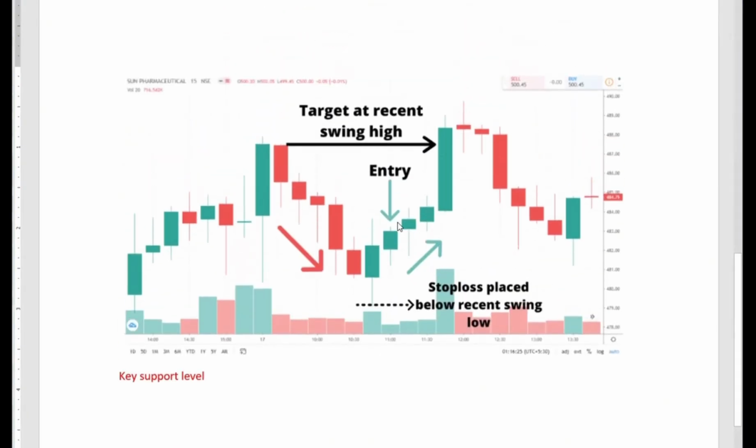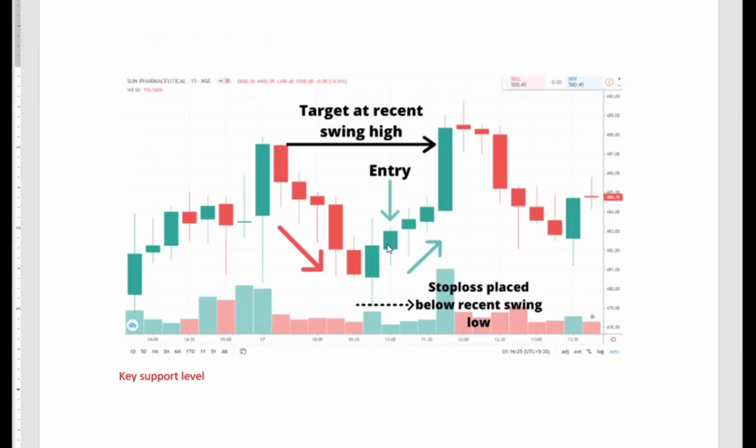And how to set up the entry zone. Like the hammer, we need to wait for the closing price of the third candle to close above the body of the engulfed candle. Yeah, we need to wait for the third candle to close.